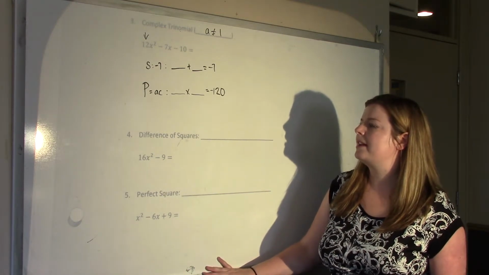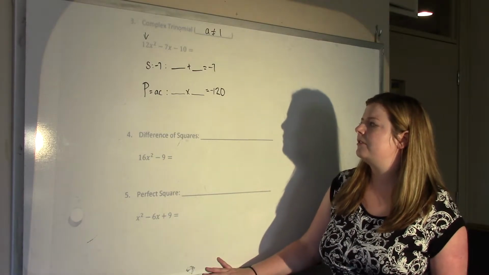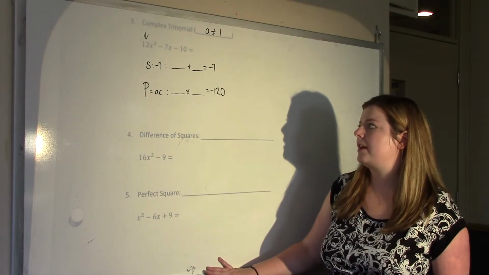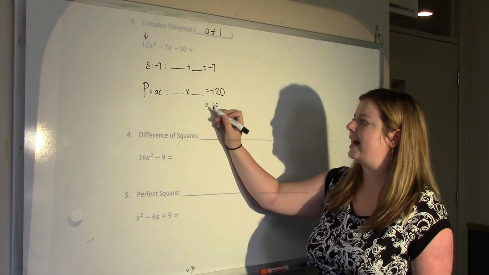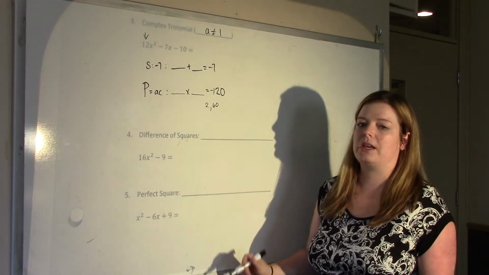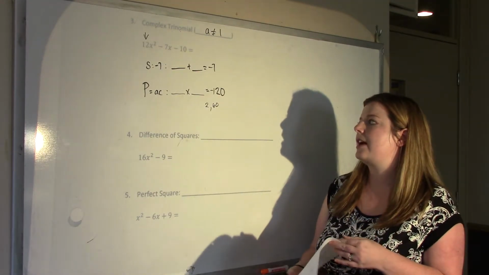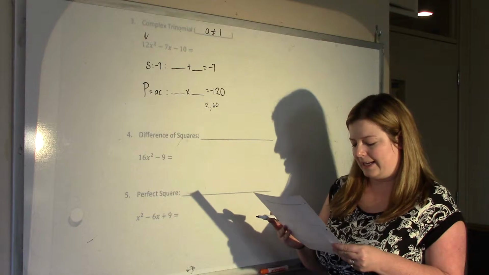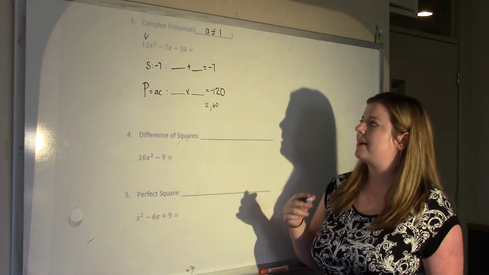So then you keep going down and down. So 2 and 60. If one of those is negative, that would multiply to -120. But adding them together, if one of them is negative, would give you either 58 or -58. So we need to keep going closer and closer together. What two numbers are closer together? Try dividing this by 4, try dividing it by 6.